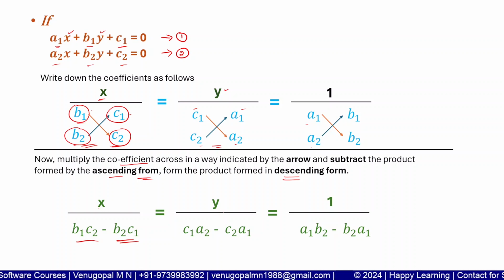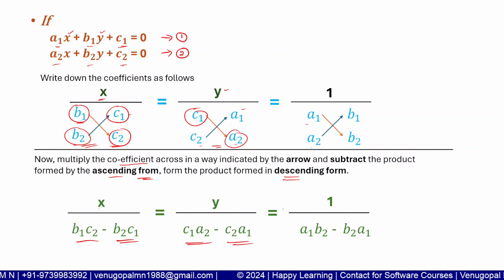Similarly, y divided by c1 into a2 minus, since we are going in the descending form, c2 into a1, is equal to 1 divided by a1 into b2 minus a2 into b1.